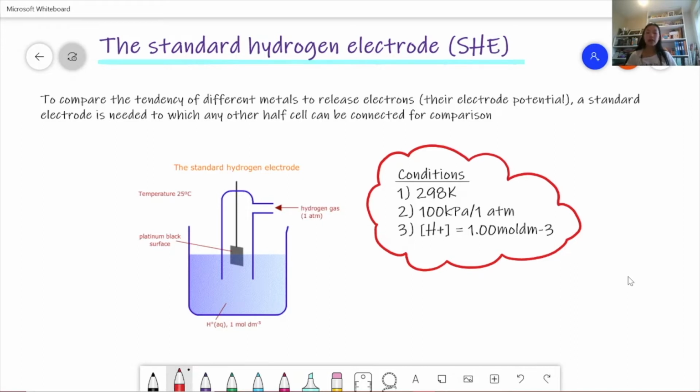And the key thing with this standard hydrogen electrode is that we define the potential as 0 volts. And that's why we can get the electrode potentials of other half cells when we connect this up to it, because we've defined this as 0.